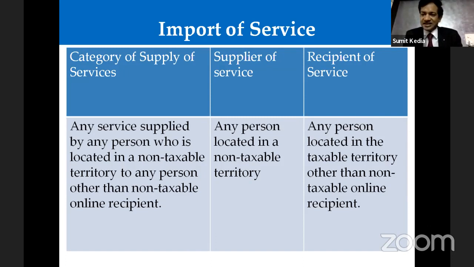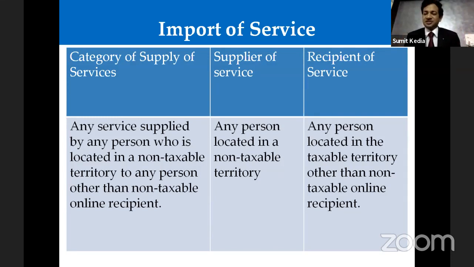So if I receive any service in India from a person outside India, then the supplier of service will be a person located in a non-taxable territory, and the recipient will be a person located in the taxable territory. So if I receive any service from outside the country, then I will be liable to pay RCM.